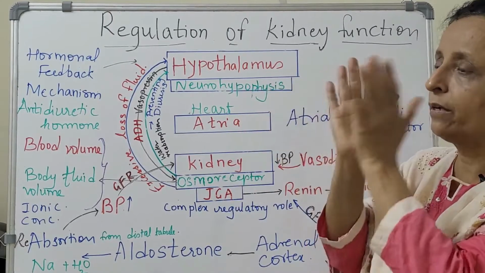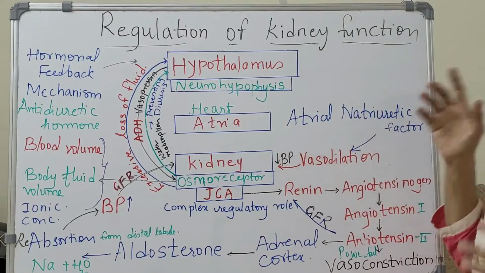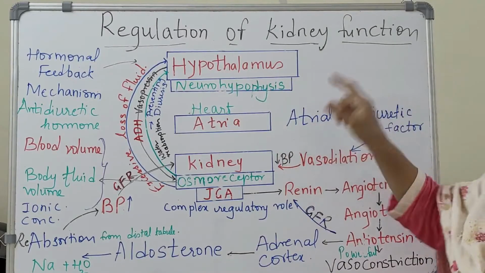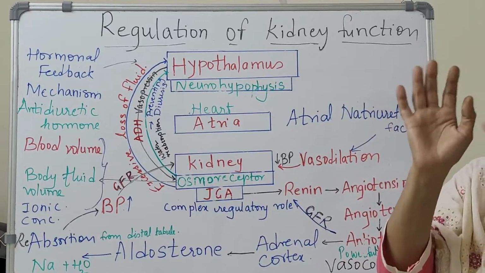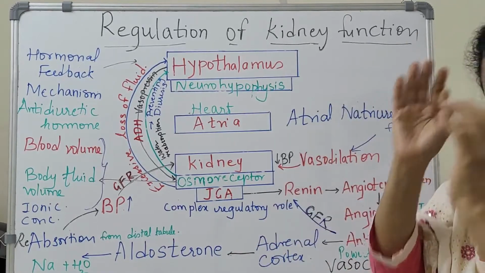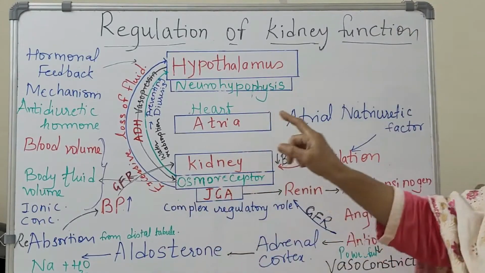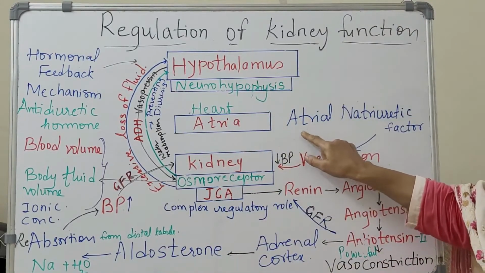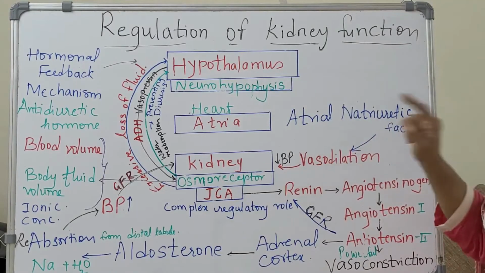It cannot be. It has to stop. So there is another factor which reduces the flow in the atria and causes constriction. By causing constriction, it reduces the blood flow. That factor is known as atrial natriuretic factor.